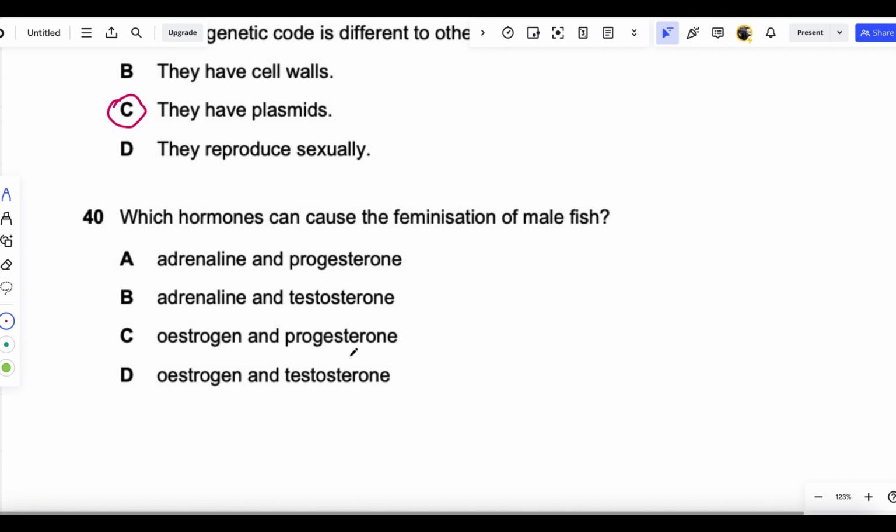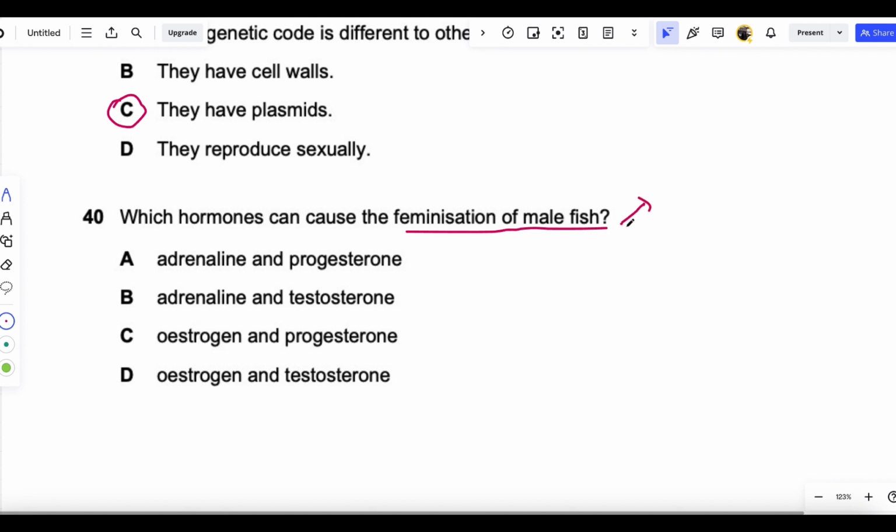Question 40 talks about hormones. Which hormones can cause feminization of male fish? It will be the hormones in the female, even though it's a male fish. The estrogen and the progesterone.